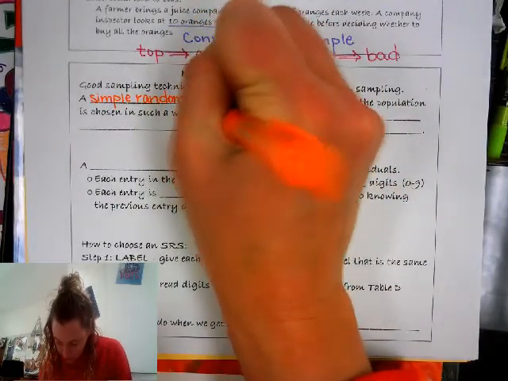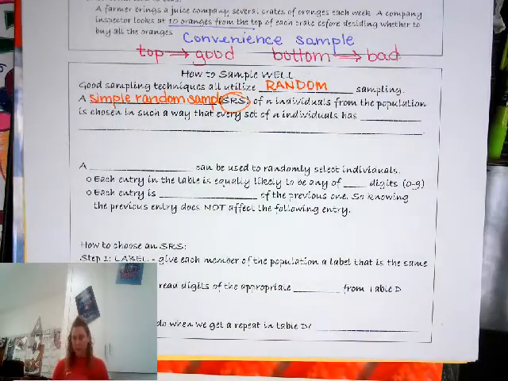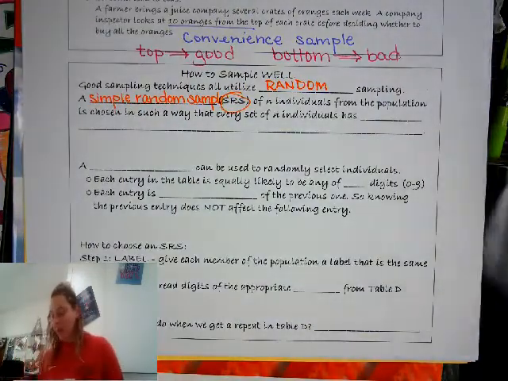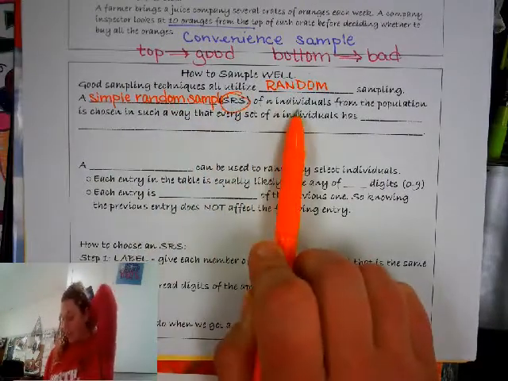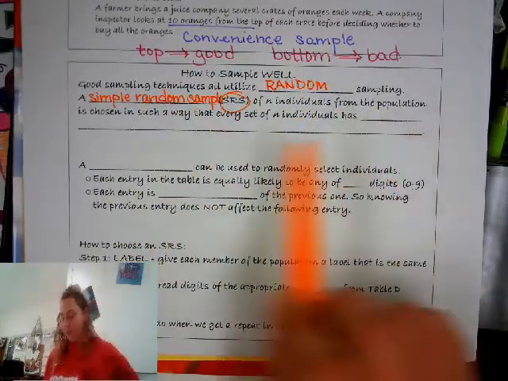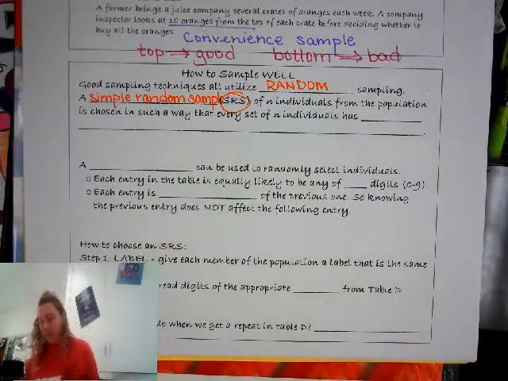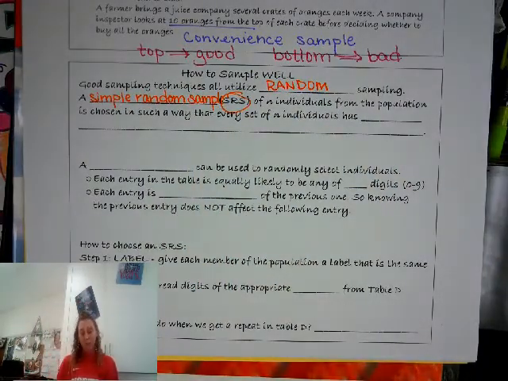So you'll hear me call it SRS. I'll say an SRS. Okay. So a simple random sample of n individuals from the population is chosen in such a way that every set of n individuals has an equal chance of being the sample actually chosen.